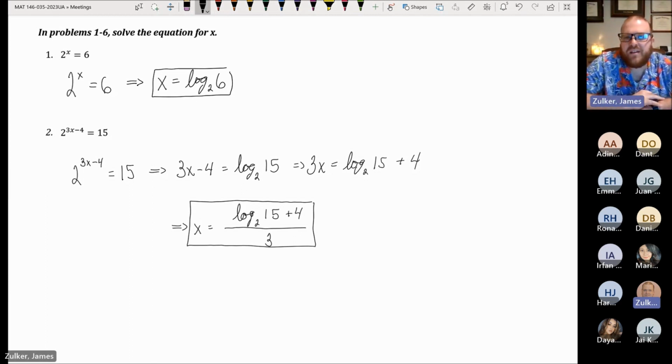Now, of course, we're feeling fancy. We can simplify this. Remember, it's not 15 thirds. It's log base 2 of 15 all over 3.